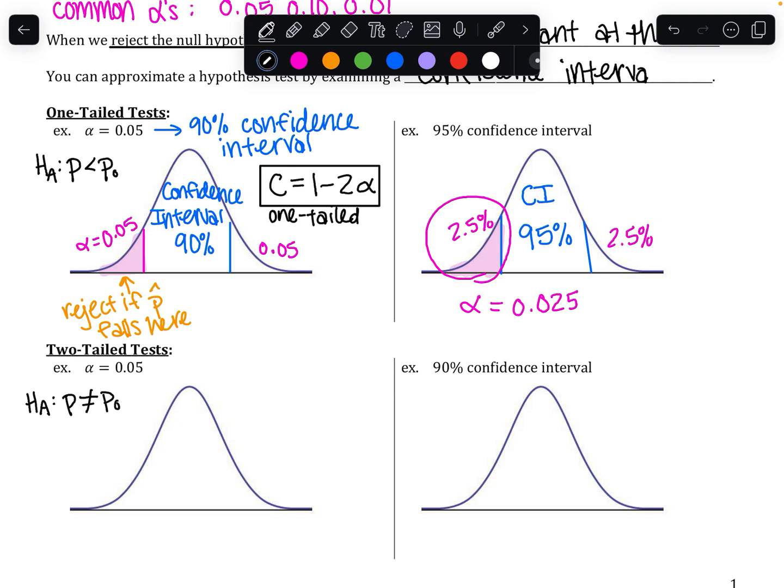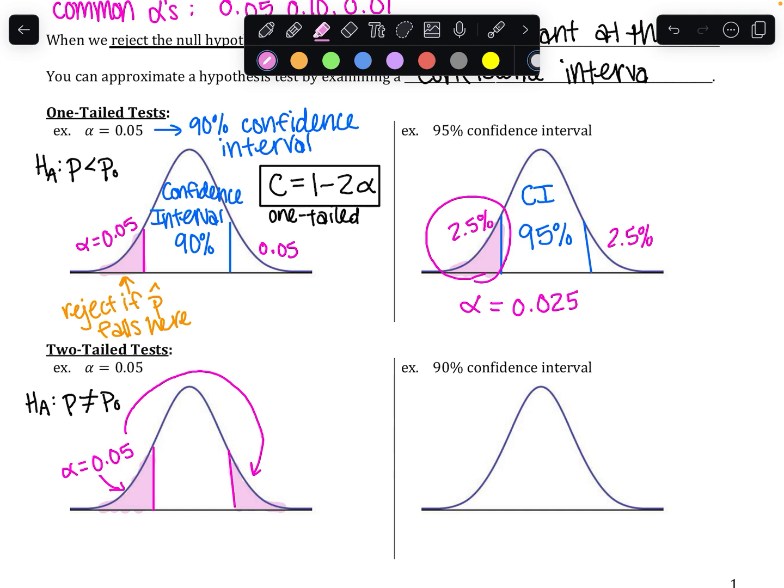And if it's two-tailed, that means that your alpha of 0.05 is included in both tails. So that means these both add up to 0.05. Because if my p hat is in either of these sections, I will reject the null hypothesis.